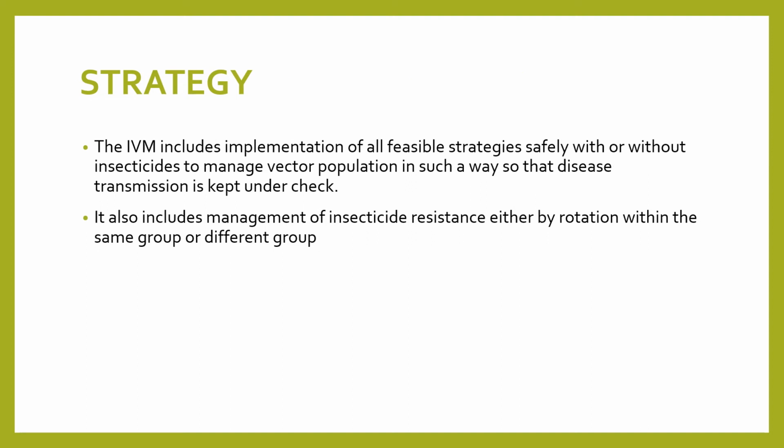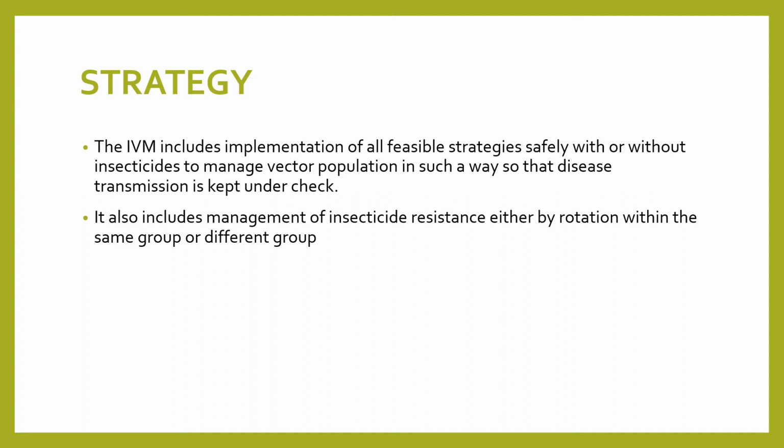So, integrated vector management includes the implementation of all feasible strategies safely, with or without insecticides, to manage the vector population in such a way that disease transmission is kept under check.